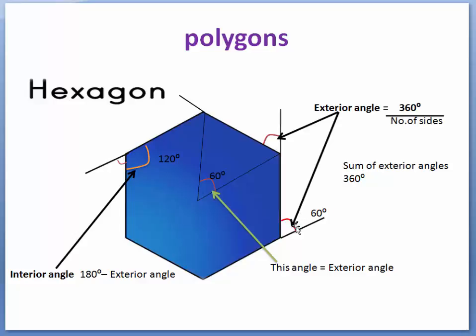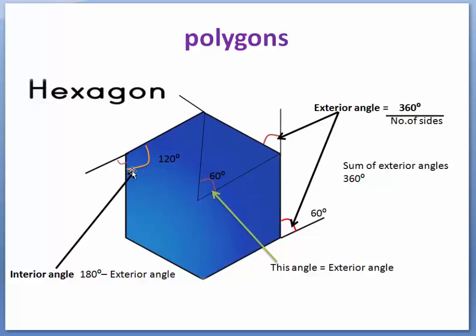So if we have a regular polygon and we want to know the exterior angle, we get the number of sides, and then 360 divided by the number of sides gives us this exterior angle. If we have a look at how we've drawn this exterior angle, this would be 60 degrees for a hexagon. It's a straight line, and this is our exterior angle of 60 degrees.